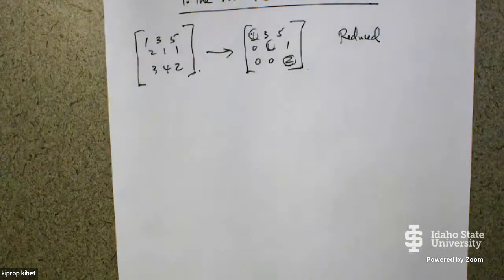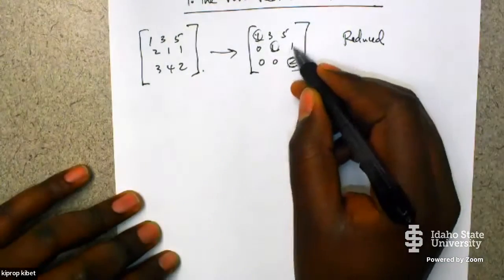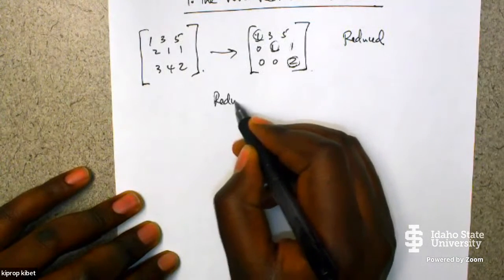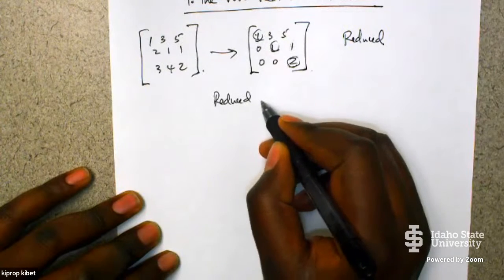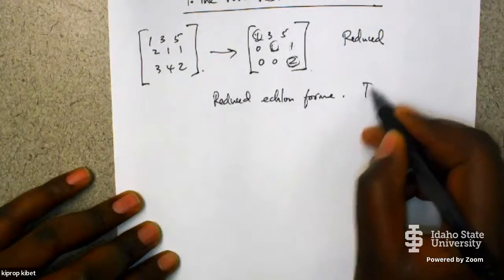So if you have the pivot position in each of the rows or the columns, then when we reduce it completely, since you were making the ones which are above it to be zeros, then when we reduce to reduced echelon form, then we get what?